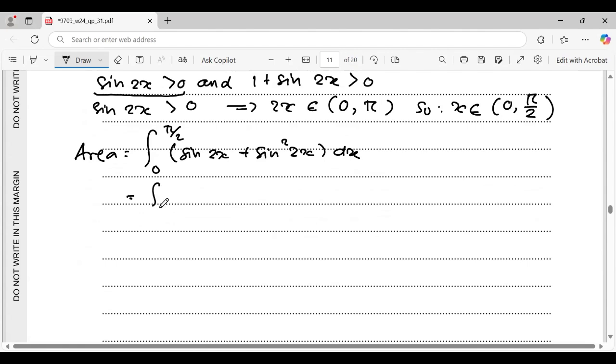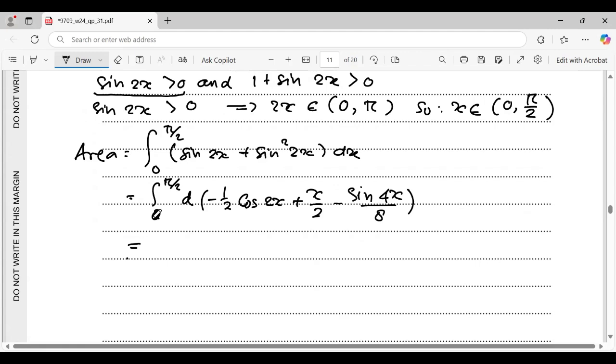The first step, we need to find the integral of this expression: minus 1 half cos 2x plus x over 2 minus sin 4x over 8.